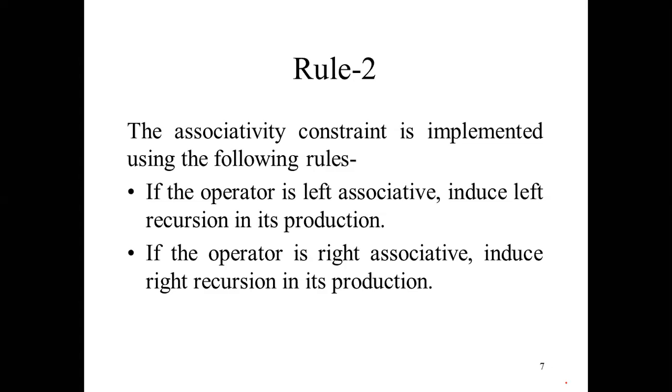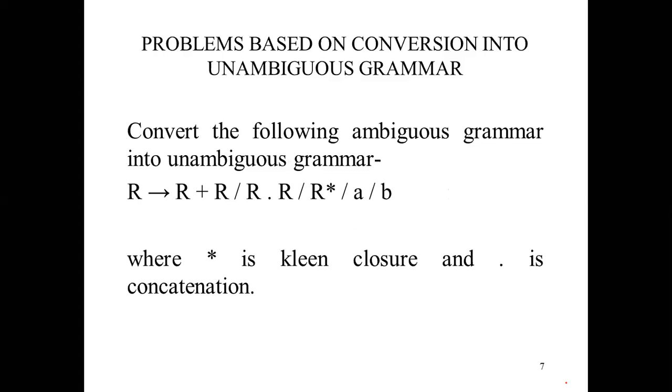So we will check whether it is associative or not on the left hand side and also on the right hand side. Now we are considering a problem based on conversion into an unambiguous grammar. So this is one of the examples. How are we going to convert into the unambiguous grammar?